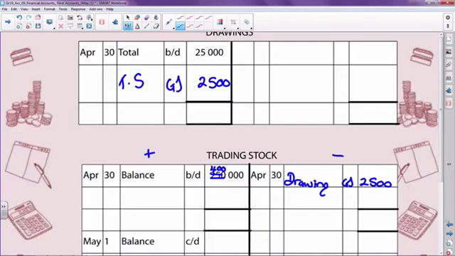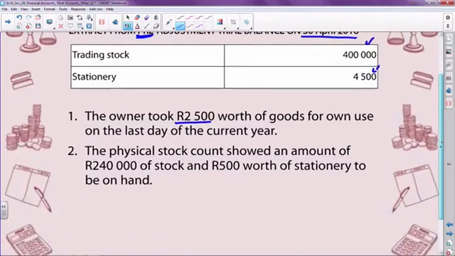Now, let's go and look at your next adjustment. The physical stock count showed an amount of 240,000. And they say further, stock and 500 rand worth of stationery is on hand. Now, let's go and check.